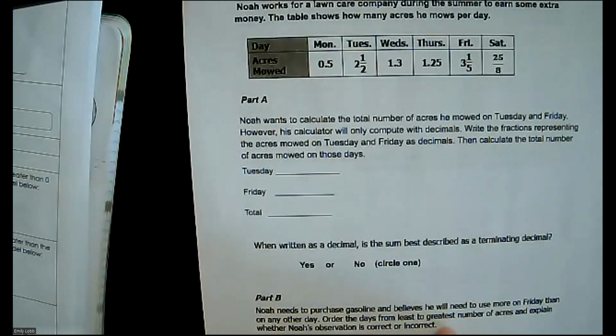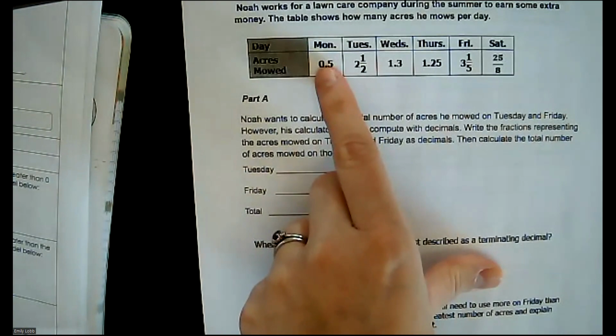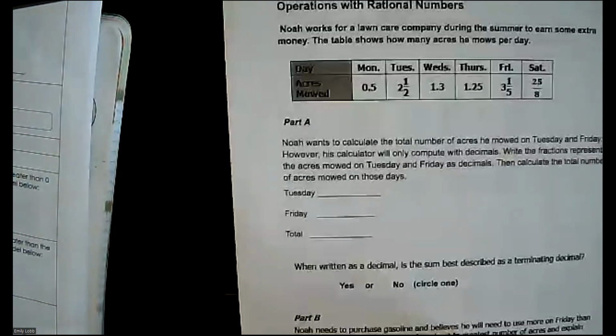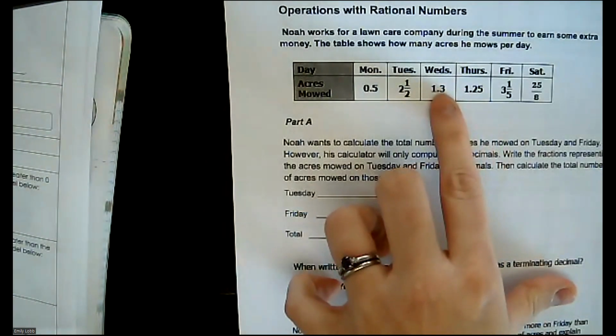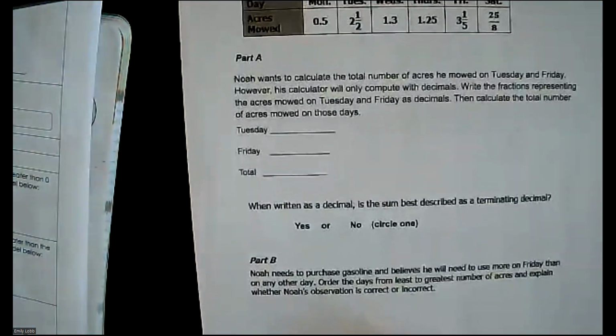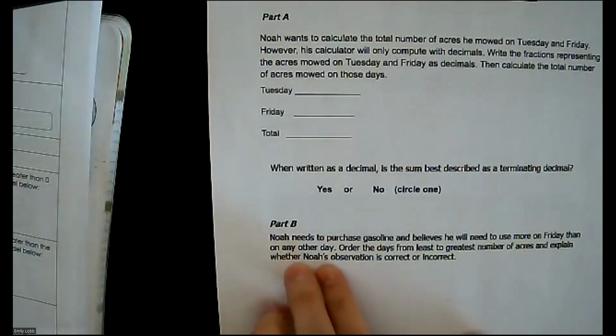Looking just off the bat, least should be Monday, right? And then you're going to go on from there. What's the next one? What's the next one, right? What's the next one? And you're going to list them in order from least to greatest and answer the question.